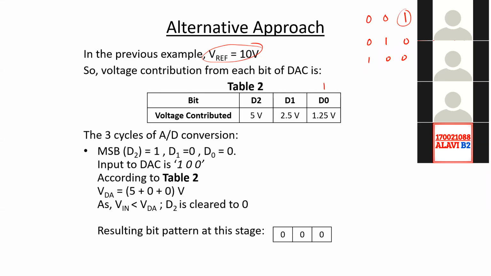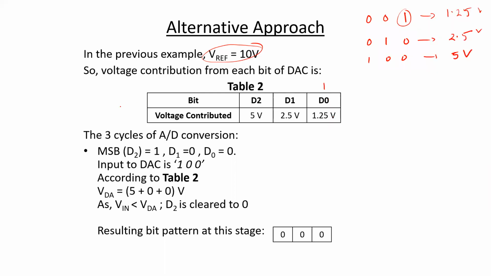So in this way, a table is formulated by considering only the contribution from each particular bit alone. Another way to easily formulate this table is to determine the quantizer interval first. Here the reference voltage is 10 and for the 3-bit case the number of quantizer states is 8. So your quantizer interval is 1.25 volts.